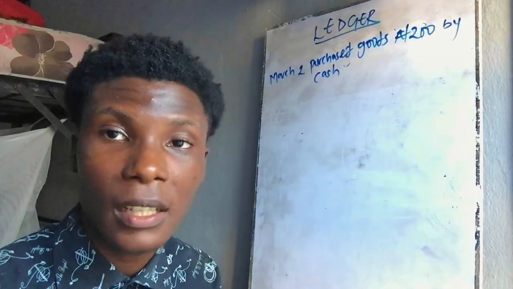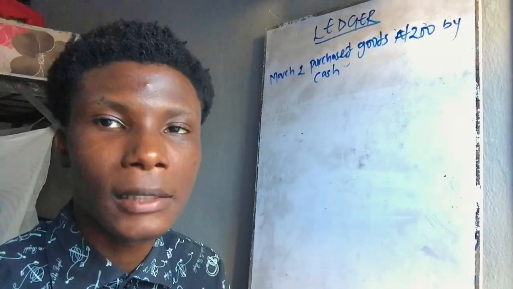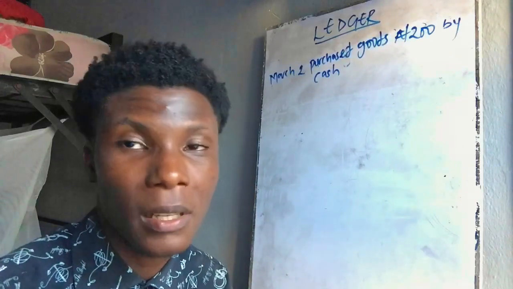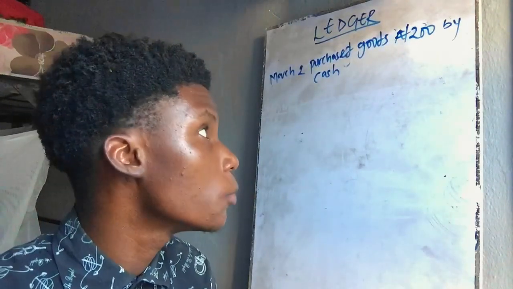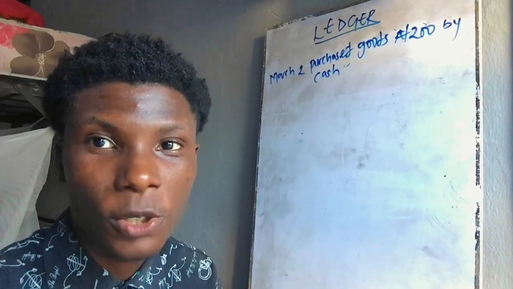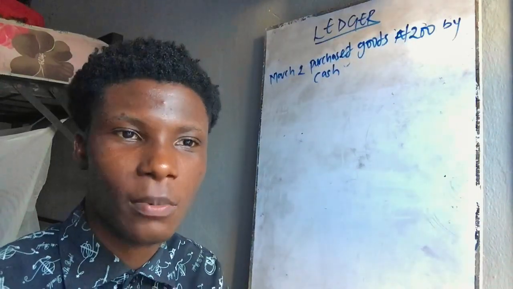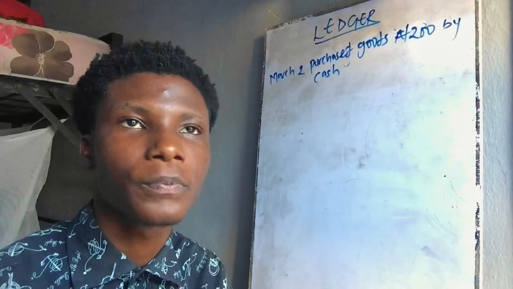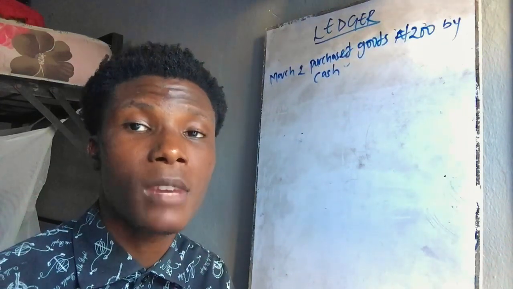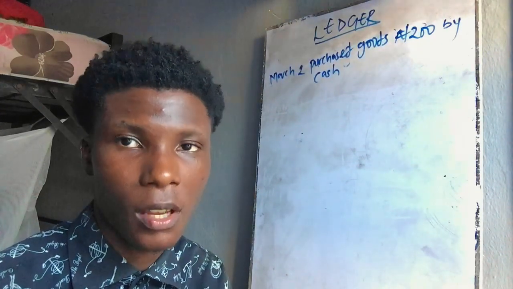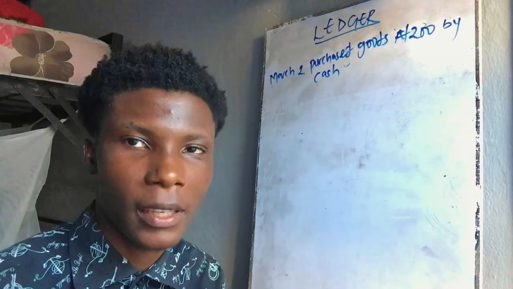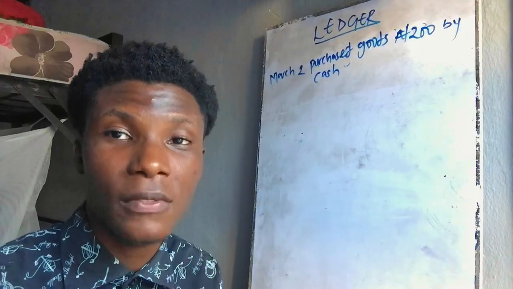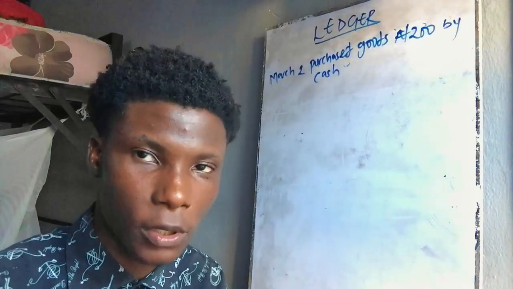Now the next step is to know which account will be debited and which account will be credited. So let's go back to the question again. Purchase goods 200 naira by cash. Let's explain this. When you make purchases and you pay for it, are you receiving the money or are you giving out the money?